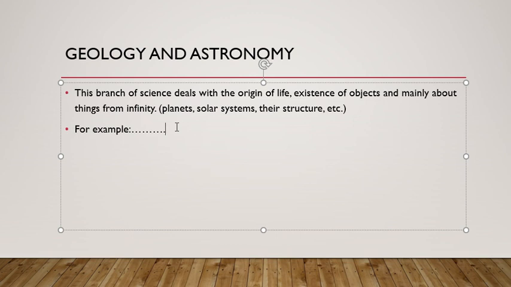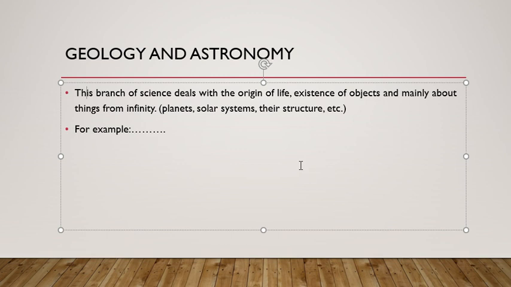So geology and astronomy deals with their survival, or simply deals with the origin of space. How did our environment originate? How was our environment created? It deals with those things. Simply, we will go through the definition.